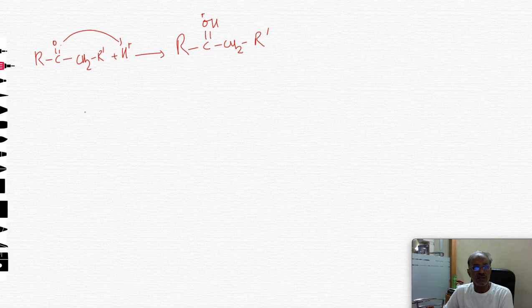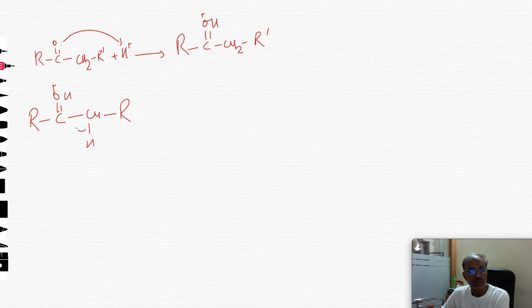RC double bond O, dash CH2 R dash. This is first treated with an acid, due to which this is easily protonated, giving RC double bond OH plus, dash CH2 R dash. Now this goes here and again this one here.